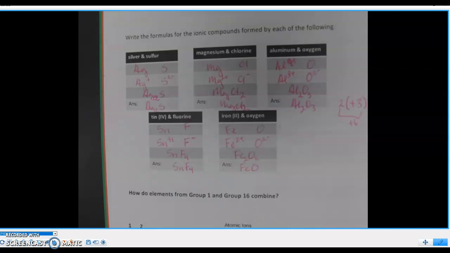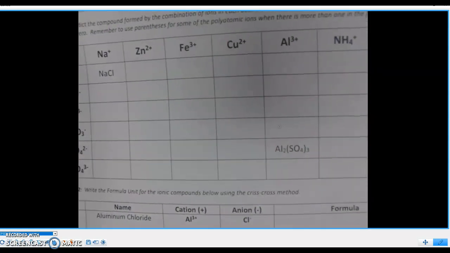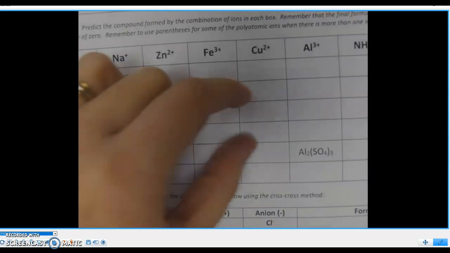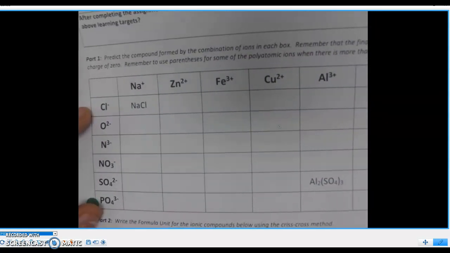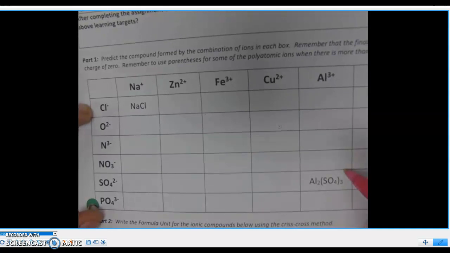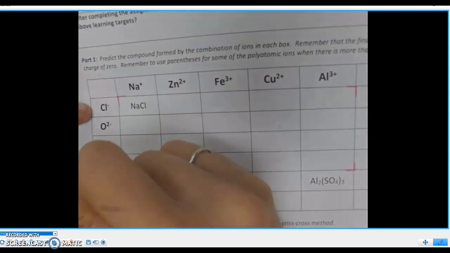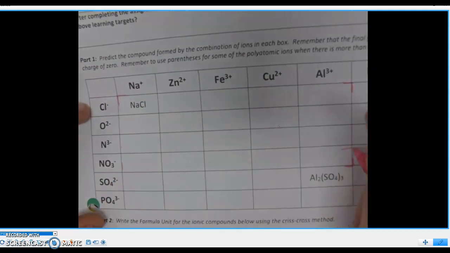Okay, so that was us very quickly talking through this. We then went on to the assignment in the back of the packet. And we completed all of these, 1, 2, 4, these ones.